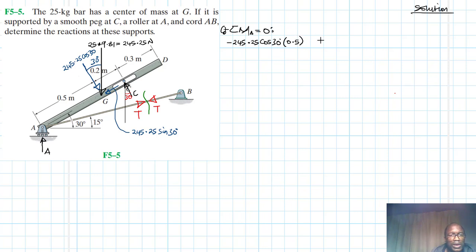Alright, and then we have plus C times the lever arm, which is 0.5 plus 0.2 is 0.7, right? Then equal to 0. The tension about A will be equal to 0, and the component of the weight also will be equal to 0.